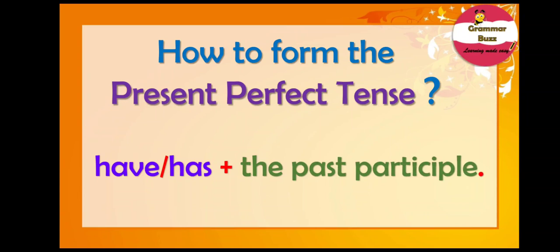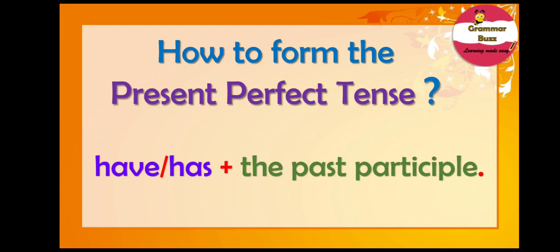Now, you might be wondering, we are discussing present perfect tense, but why do we still use the past participle form of the verb? Yes, that's true. Although it is present perfect tense, we still have to use the past participle form of the base verb. Now let us find out what is the difference between past tense and present perfect tense.